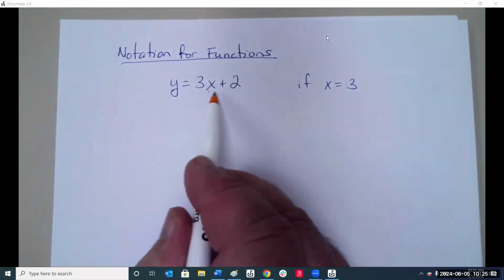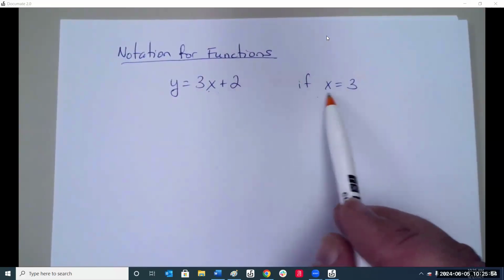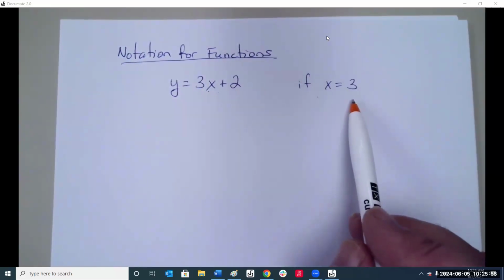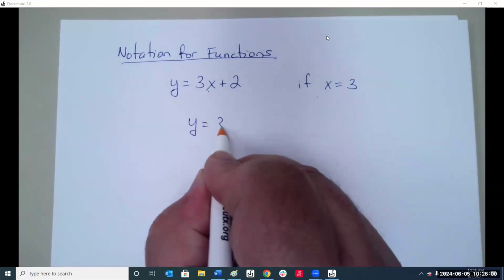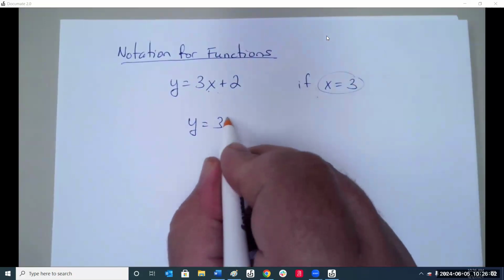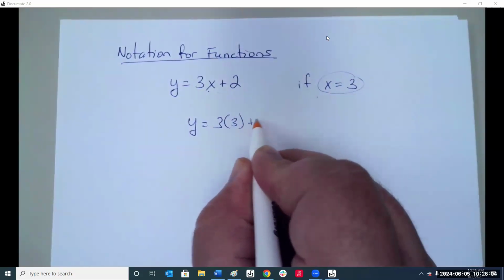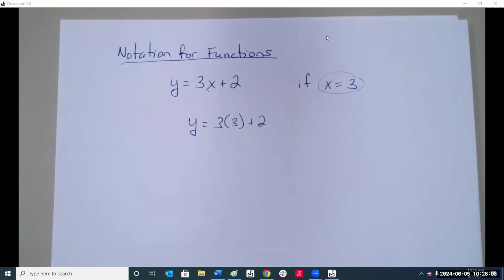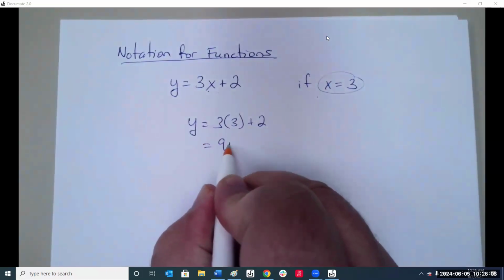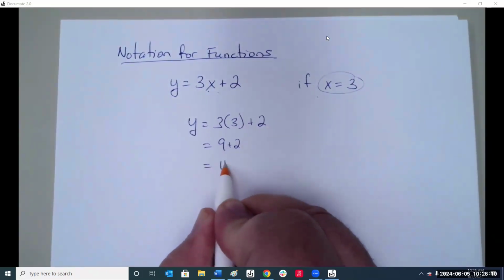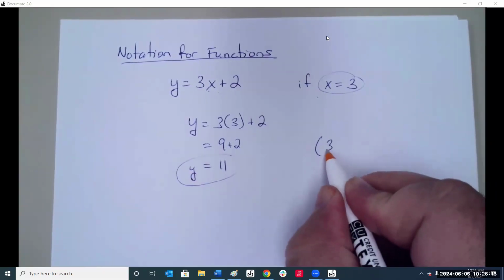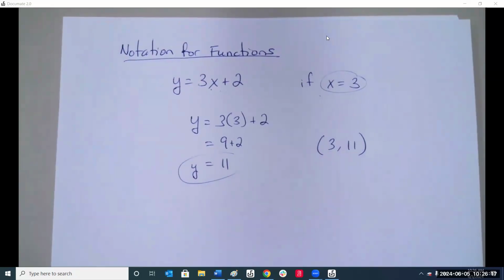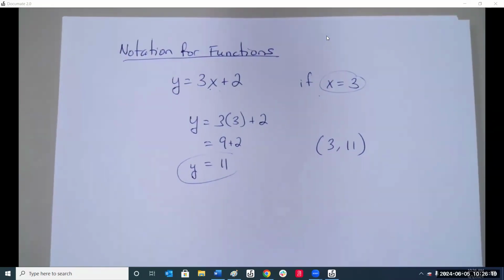Anywhere you see an X, you put a 3 and work it out. So the answer is 3, 11. It's a point on a graph.